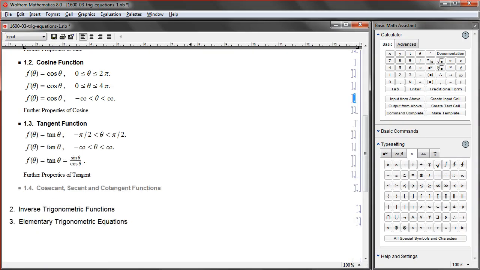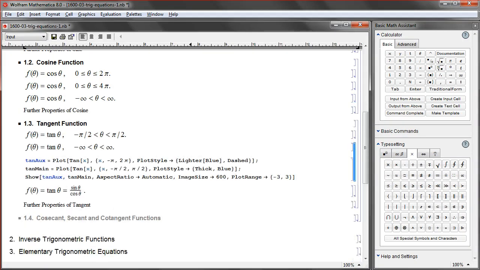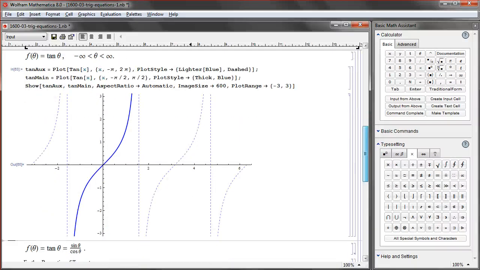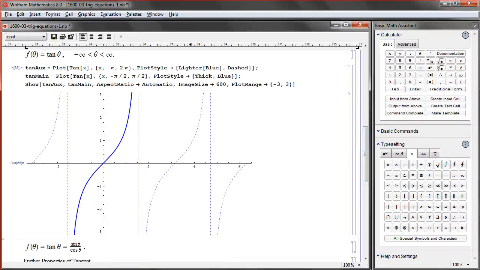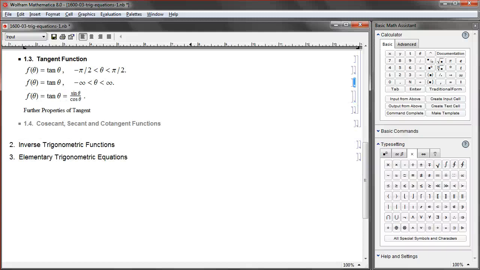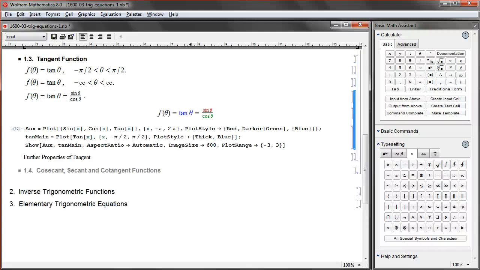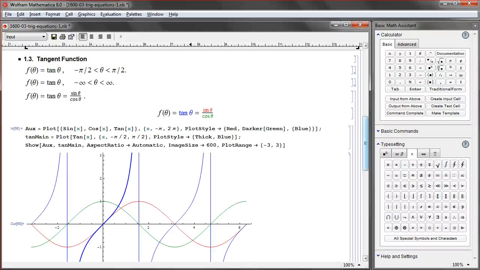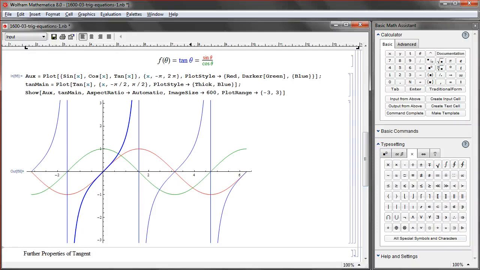Now here is the graph of the tangent function. We have an increasing function like this, but we have vertical asymptotes at negative pi over 2, pi over 2, 3 pi over 2, and so on and so forth. Because tangent is sine over cosine, if we picture sine and cosine functions together with the tangent function, as you see over here, we have this kind of nice relation.